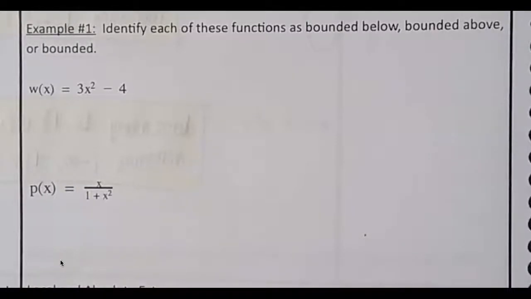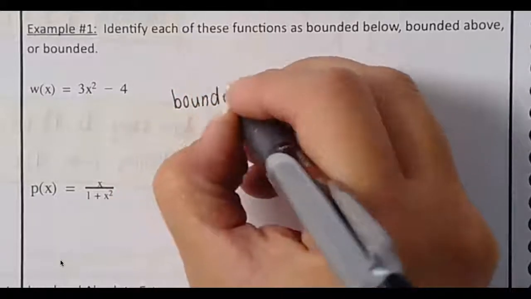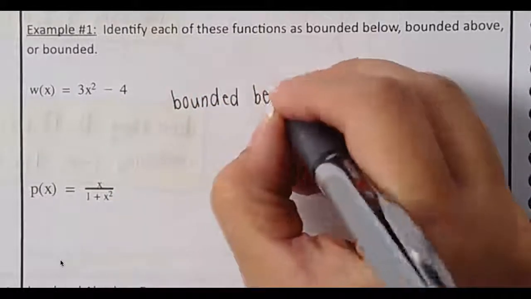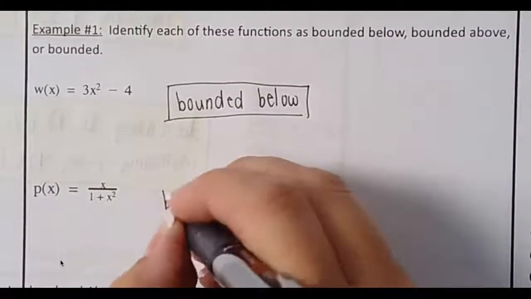All right, so everyone got it? Would anyone like me to go over it? Okay, so this is bounded below. And this is bounded.